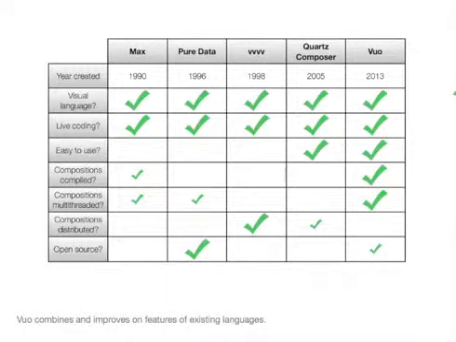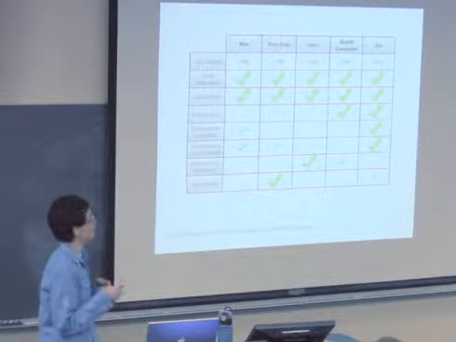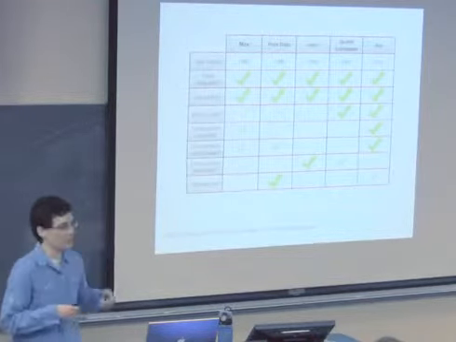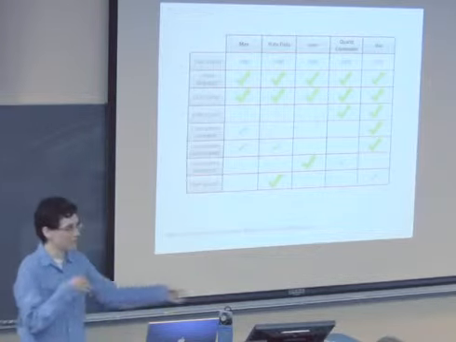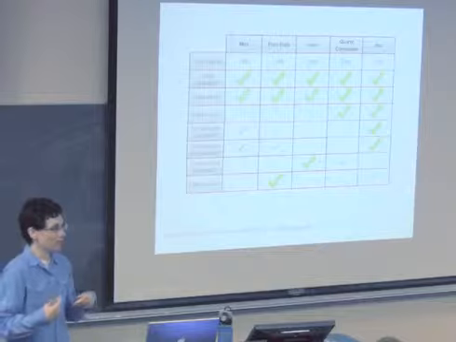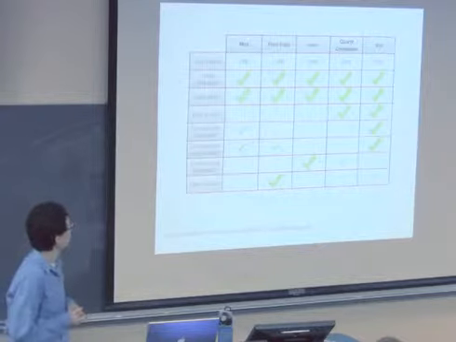Although there haven't been any scientific usability studies that we know of on these visual programming languages, from our experience and from the experience of artists that we've talked to, Quartz Composer is much easier to use than Max, Pure Data, or VVVV. So we wanted to continue that trend with Vuo and make it even easier to use.